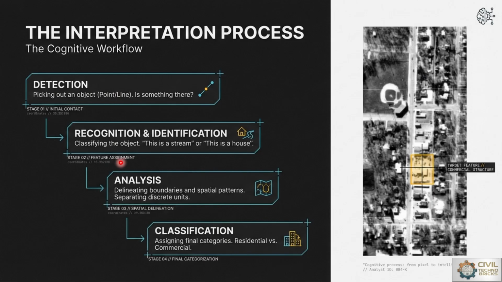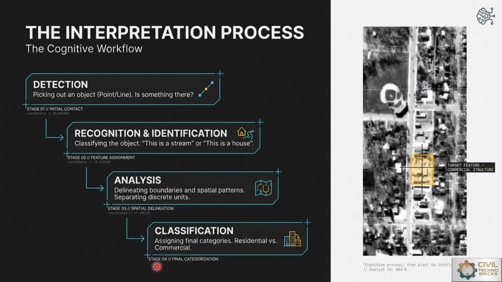Stage 2 is the feature assignment, where we have to recognize and identify the object, that this is a stream or this is a house, just like identifying which type of object it is. Followed by stage 3, the spatial delineation, where we do the analysis, which includes delineating boundaries and spatial patterns, separating discrete units with reference to zoning or sorting the data or analyzing parameters.